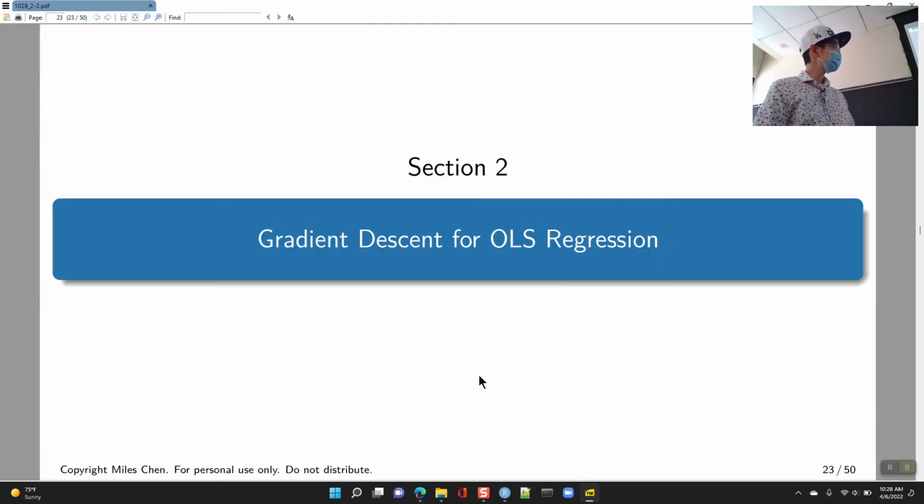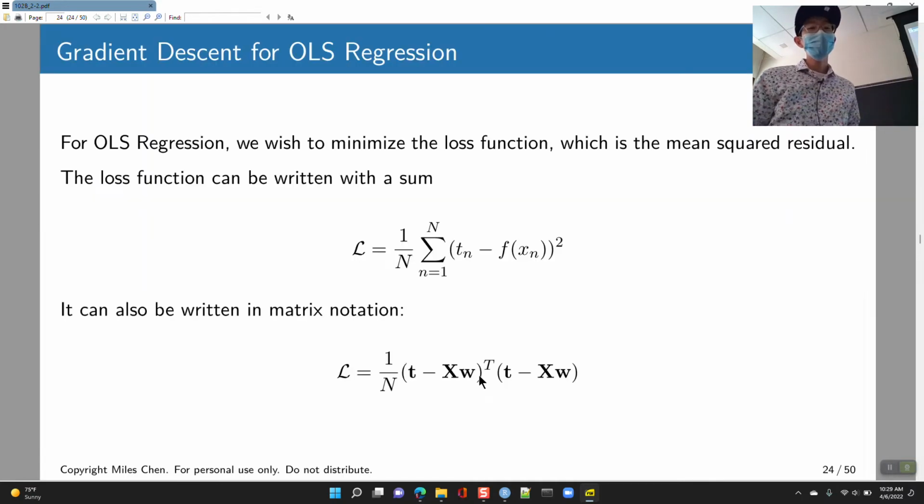Okay, so let's try this out. We'll do gradient descent, not for an arbitrary function, but for ordinary least squares regression. For ordinary least squares regression, we are going to try to minimize this function. This is our loss function. We want to find the values of the slope and intercept that minimize the loss function.